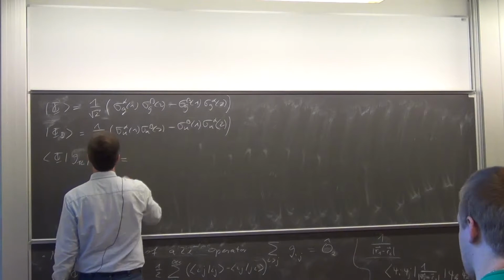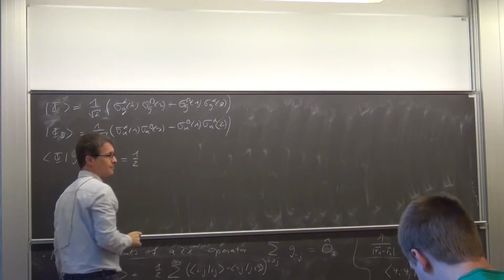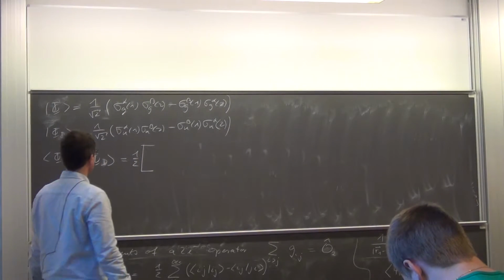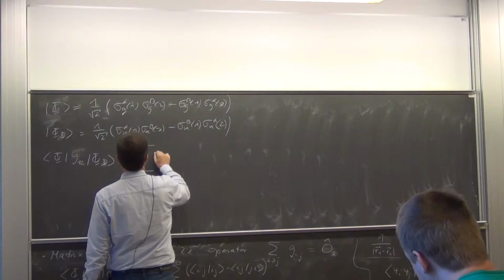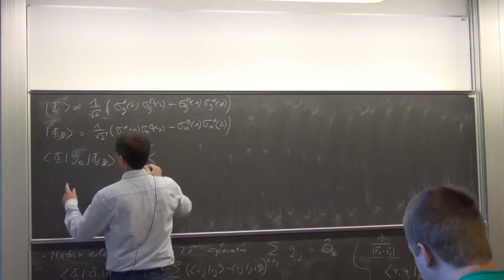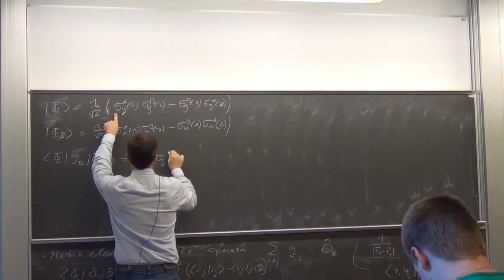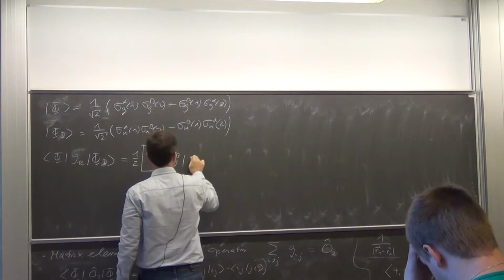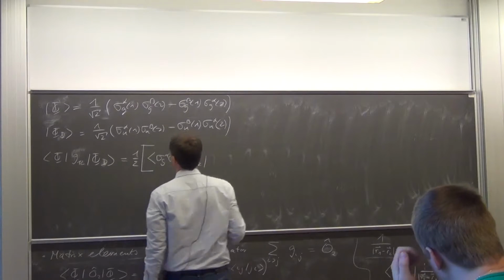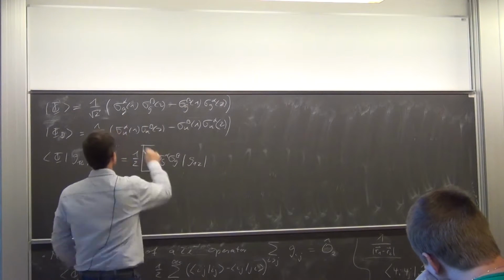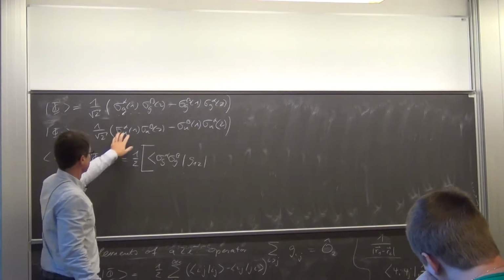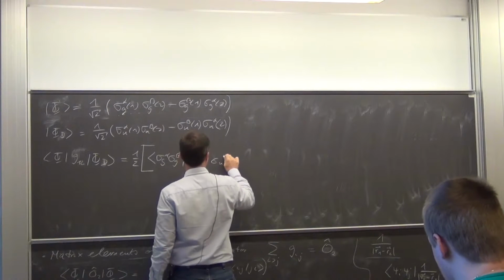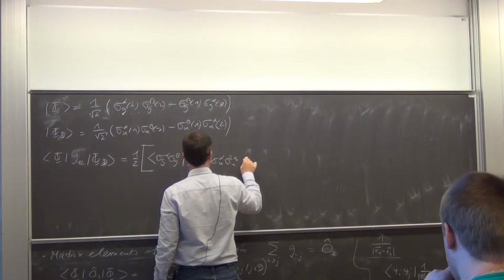Now let's insert that. 1 over square root 2, 1 over square root 2, 1/2, big parenthesis. So I'm going to have one integral where I have sigma g alpha, sigma g beta, G12, and on the right hand side, also take the first one, sigma u alpha, sigma u beta.